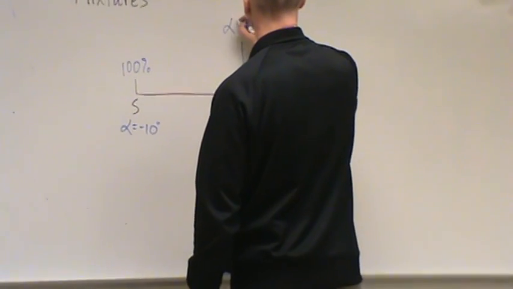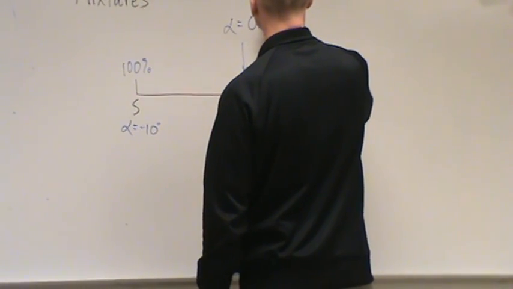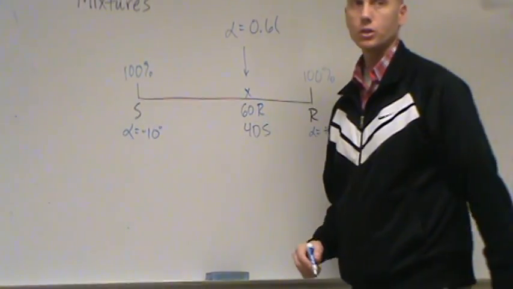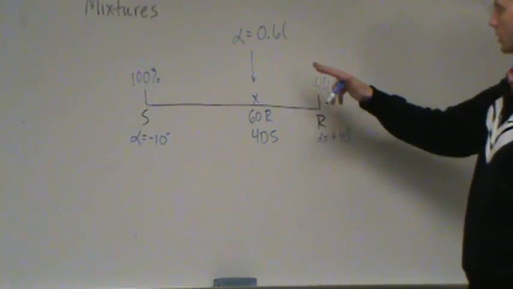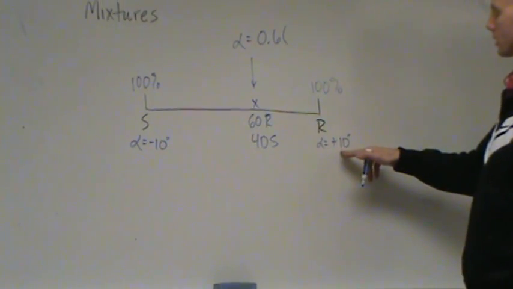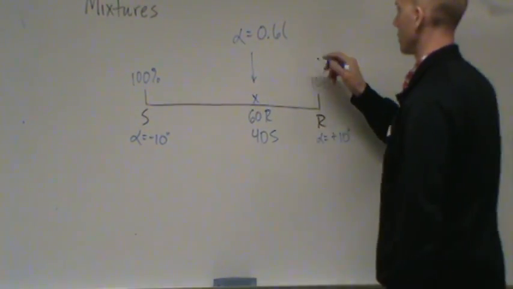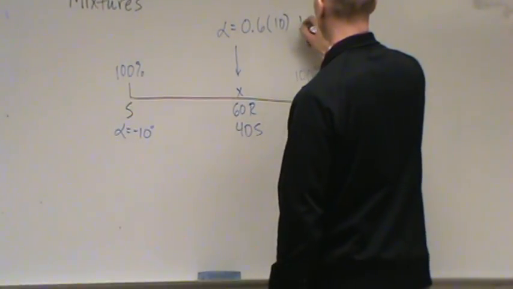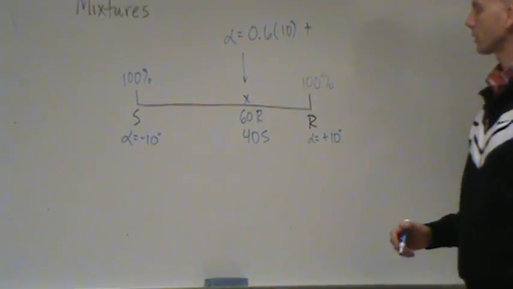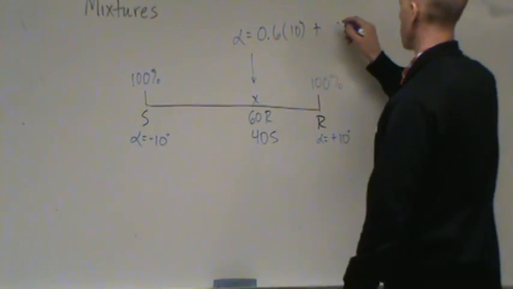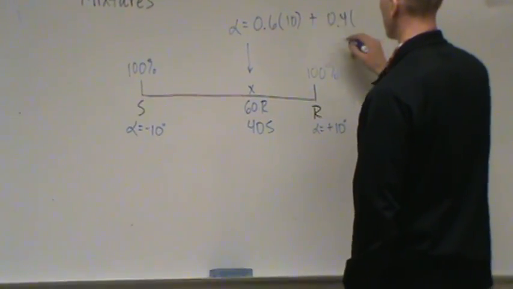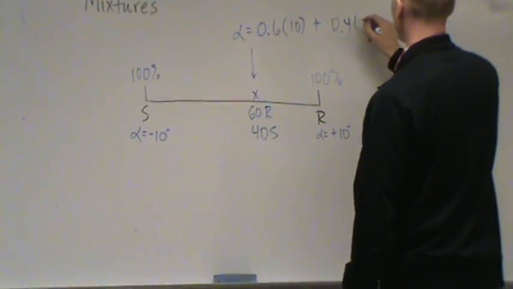My alpha value would be 60% R, so 60% is 0.6 times its alpha value, which is 10, plus 40% of the S, which is 0.4, times minus 10.